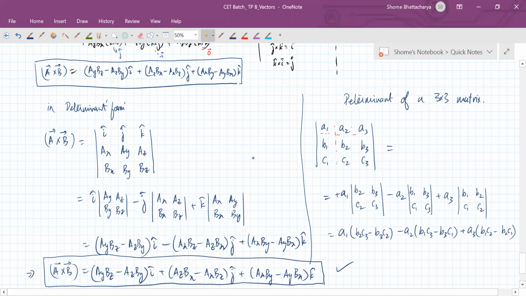So this is the formula. Okay, so make a note of this quickly and then we'll see an example of how this calculation is done. It's pretty easy once you're familiar with this.